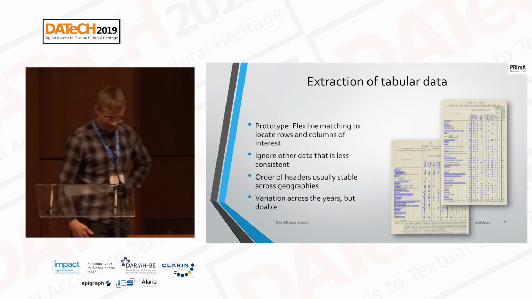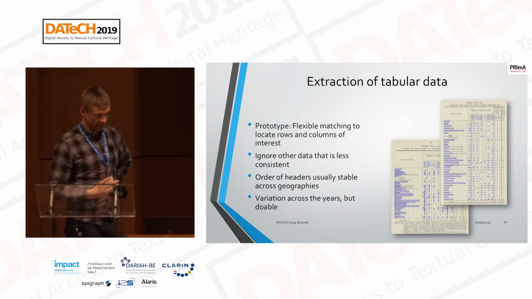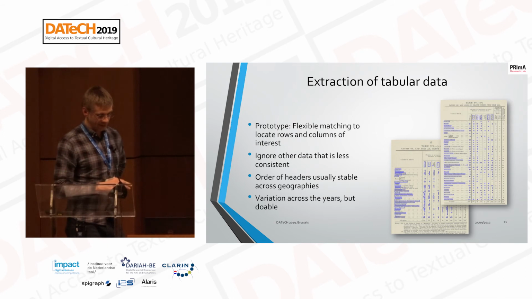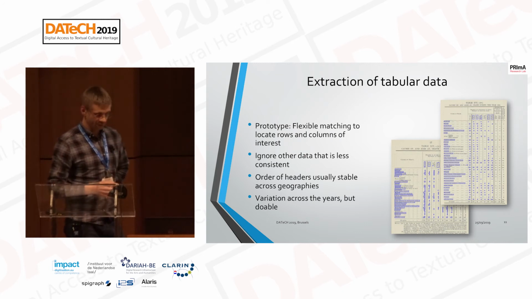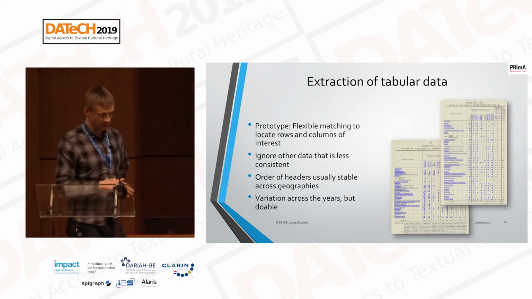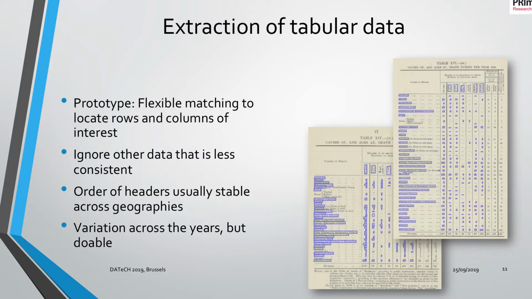So then we created a little prototype to see with these variations in the tables, can we still get the core data of some of these tables that we want to look at, say in this case, the causes of death. And so we knew the classification system they used, and usually they also appear always in the same order.